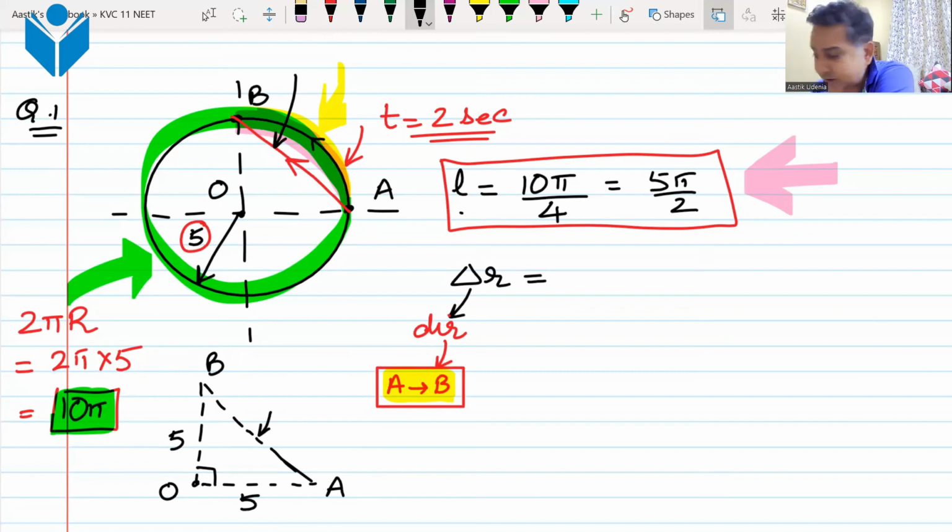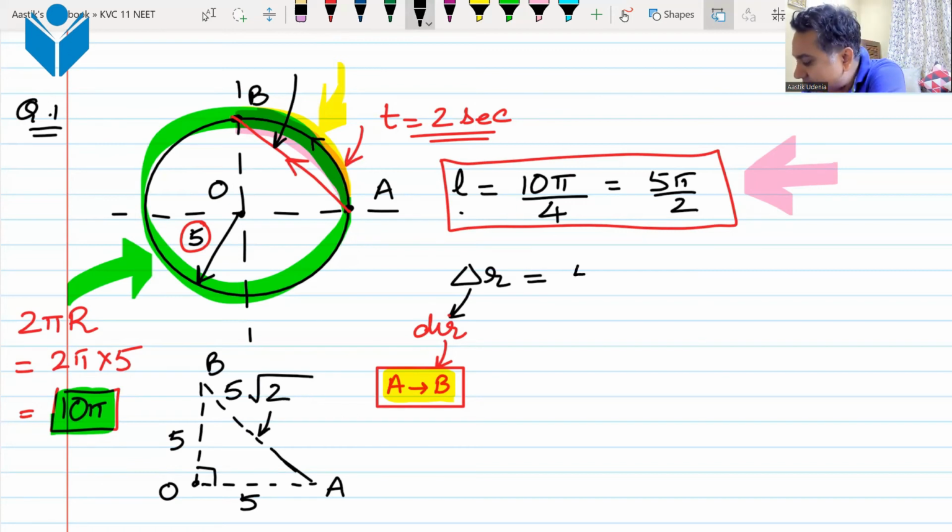You have seen a right angle triangle, yes or no? You know Pythagoras theorem, yes or no? So hypotenuse is the root of perpendicular square plus base square. So this will be root of 5 square plus 5 square, which becomes 5 root 2.